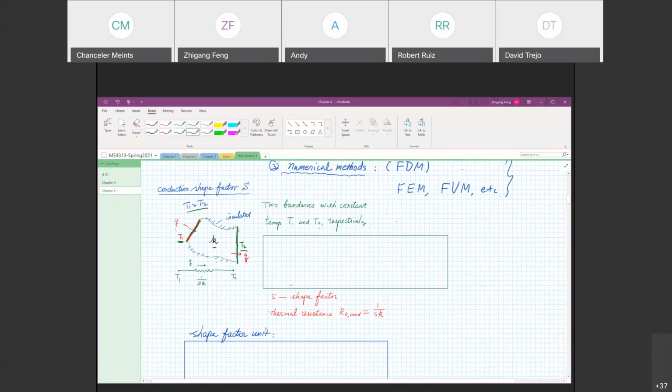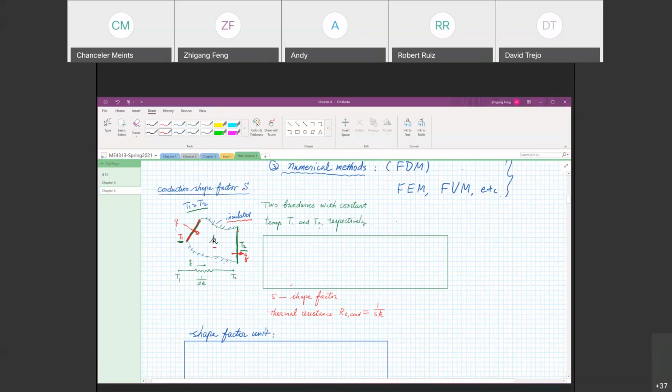Then we expect heat transfer rate from T1 surface to T2 surface. Now, other than these two boundaries, T1 and T2, the rest of the boundary has to be insulated or at very far away.